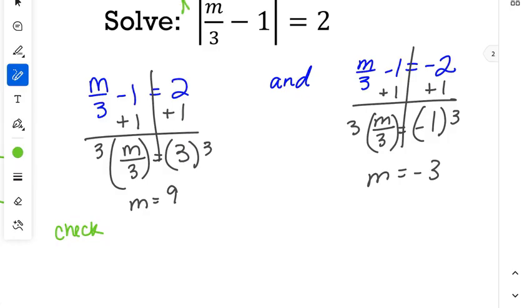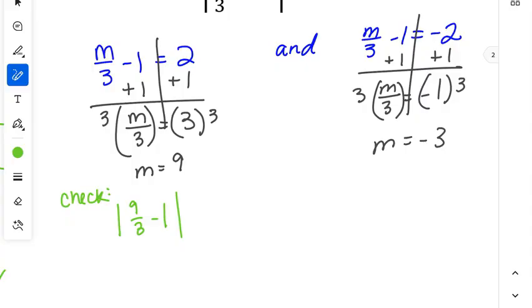So that's how we're going to check. So m, I'm going to go back up here. So absolute value of 9 over 3 minus 1. 9 over 3 is 3, so 3 minus 1. 3 minus 1 is 2. Absolute value is 2, so we just checked it.